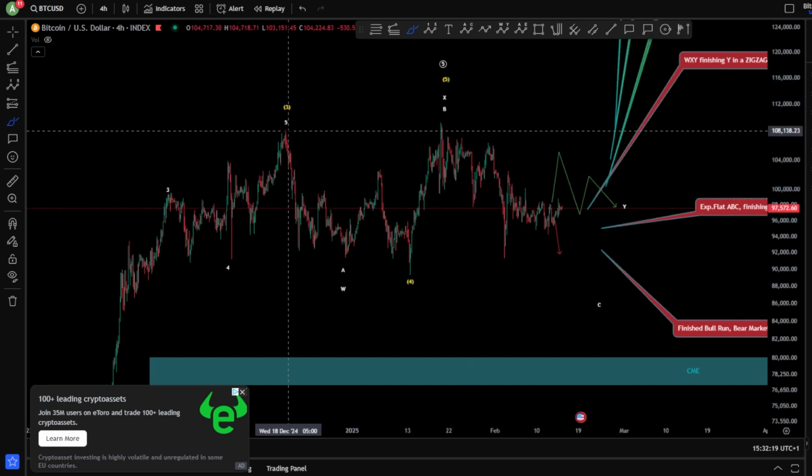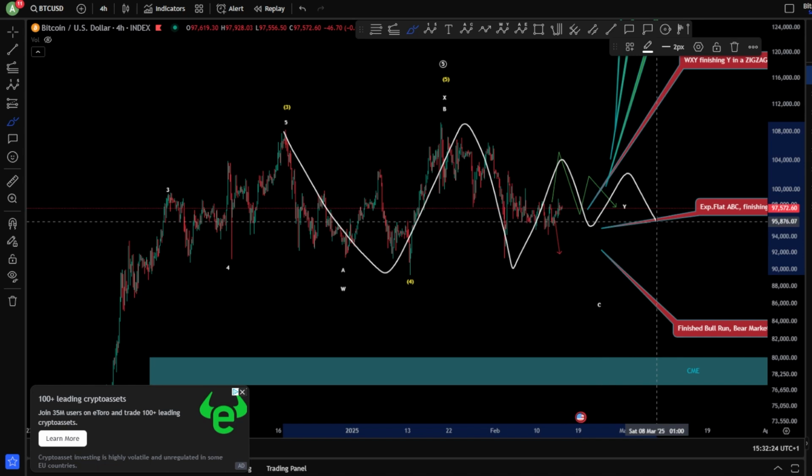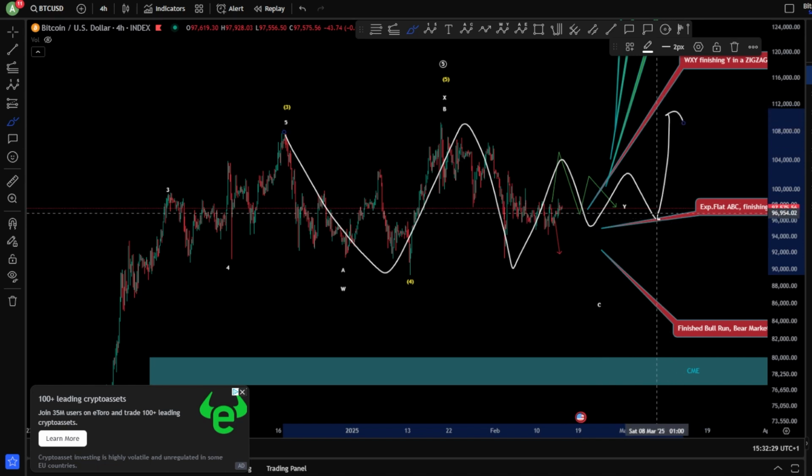Or it can be even more boring, a very, very big WXY, and moving toward the upside. But this is very boring until March.